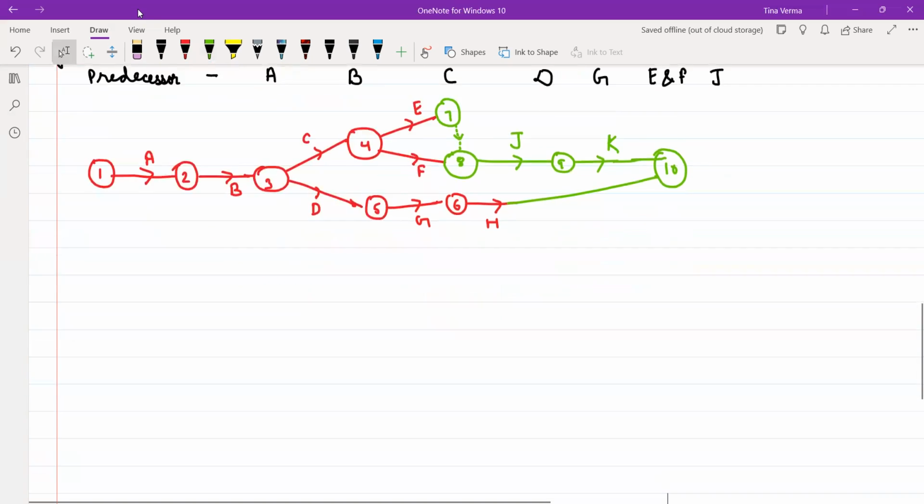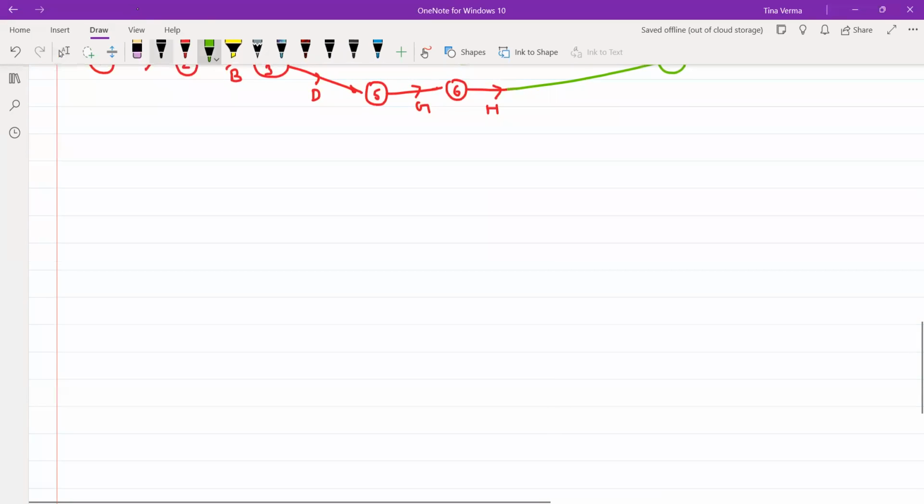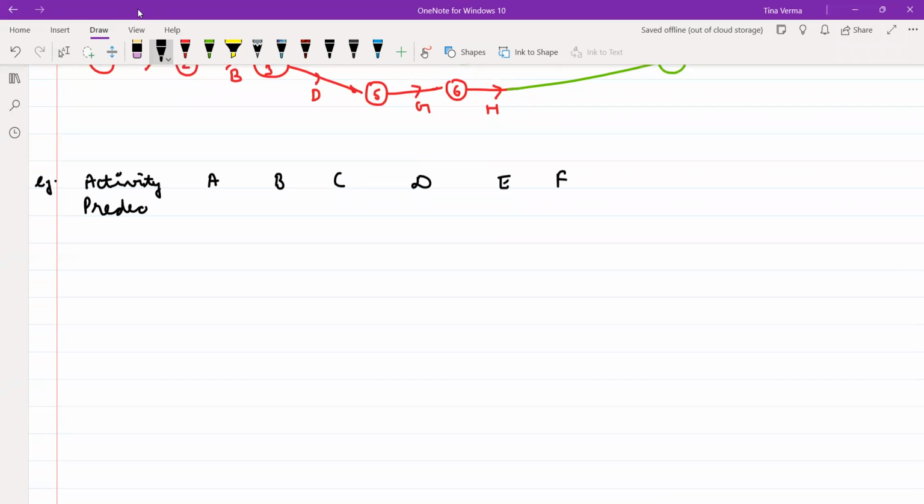You want to do one more example? The same, construct the network if you have activity A, B, C, D, E, and F, and the predecessors it requires: for A, I do not require any activity. For B and C, I require A activity.